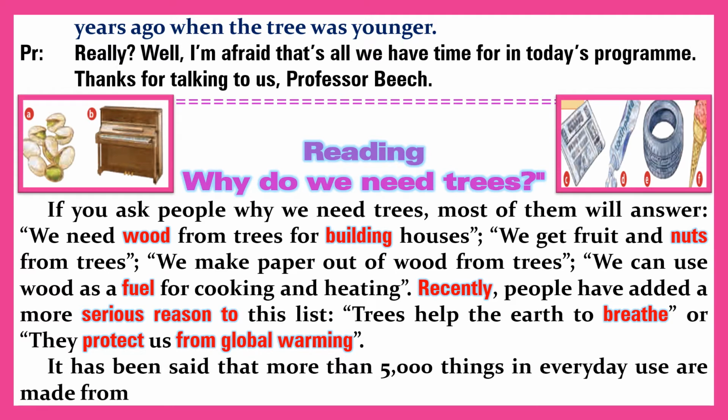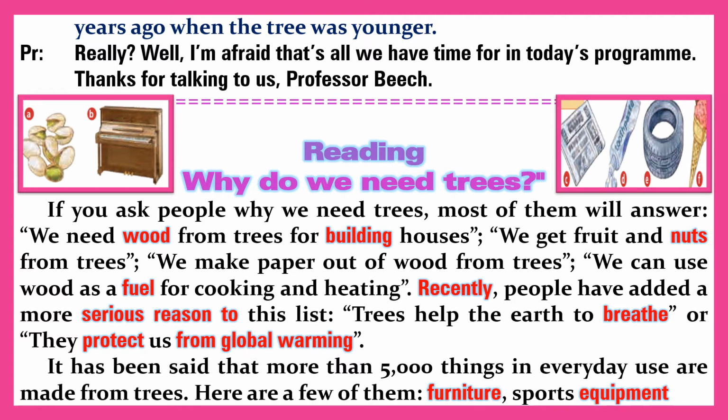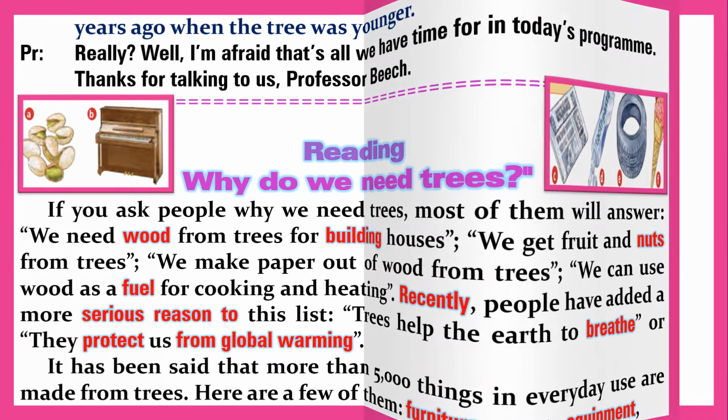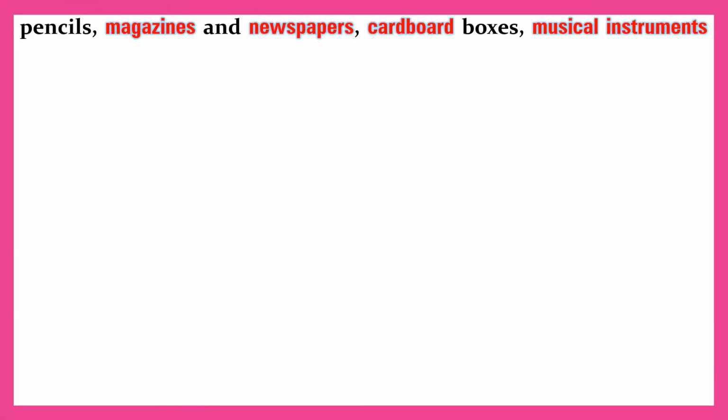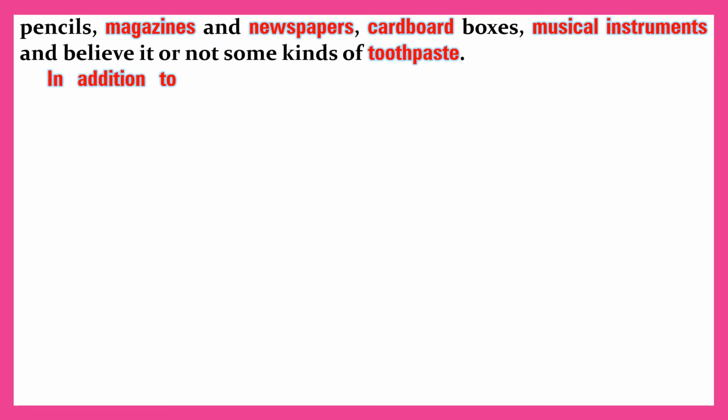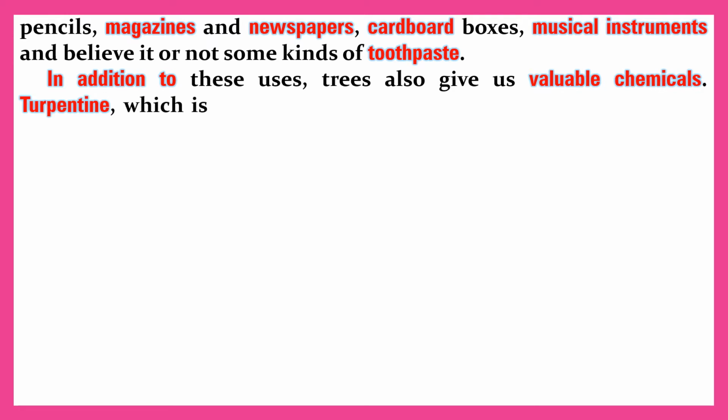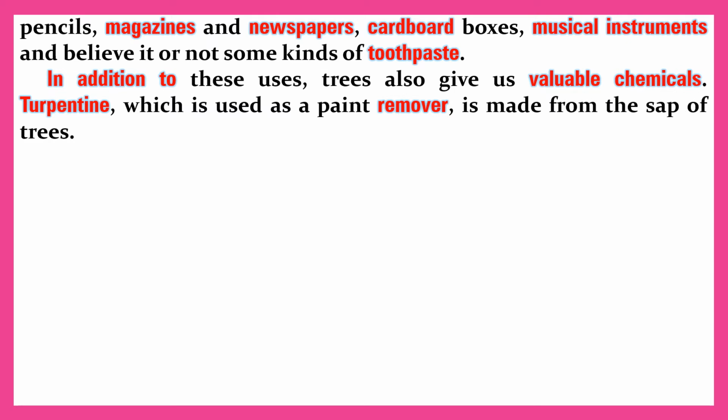It has been said that more than 5,000 things in everyday use are made from trees. Here are a few of them: furniture, sports equipment, pencils, magazines and newspapers, cardboard boxes, musical instruments, and, believe it or not, some kinds of toothpaste. In addition to these uses, trees also give us valuable chemicals.